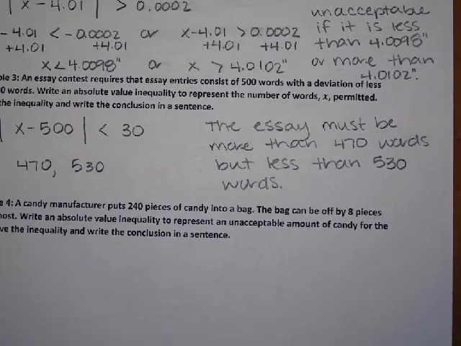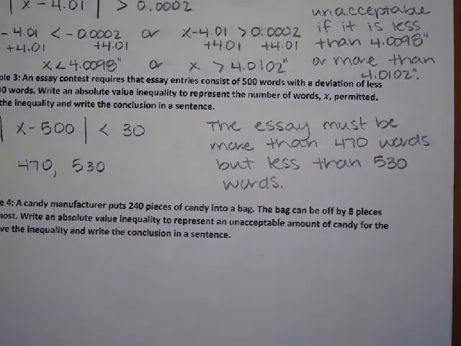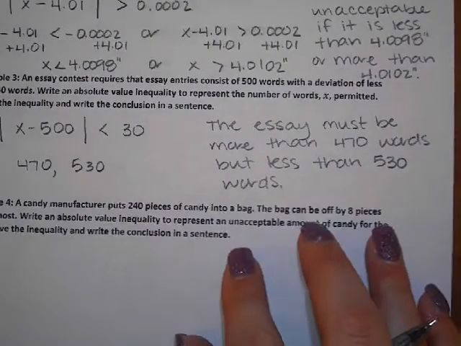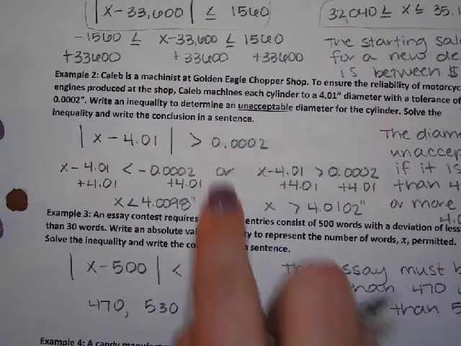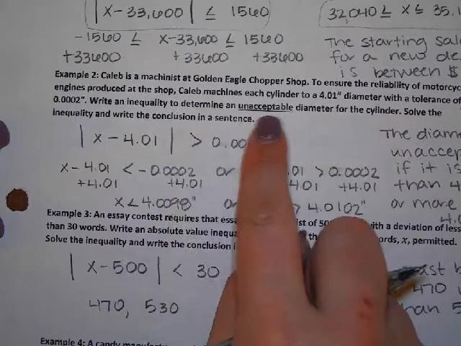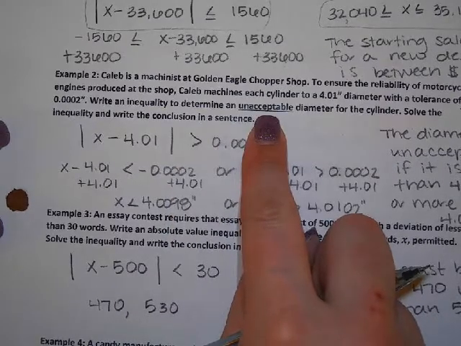Before we do number 4, I'm going to jump back up to number 2 and help some of you who might have had a hard time with this symbol. This one said unacceptable, right?